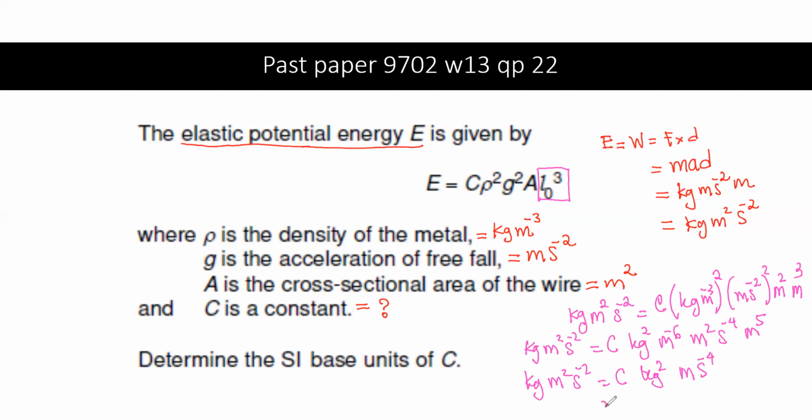So then C equals kilogram meter square second minus 2 over kilogram square meter second minus 4. We can simplify: kilogram minus 1, meter, s square. So this is the answer for C. C equals meter kilogram minus 1 s square.